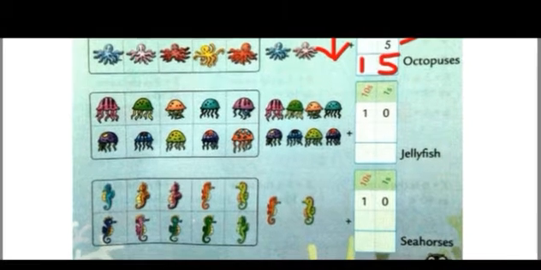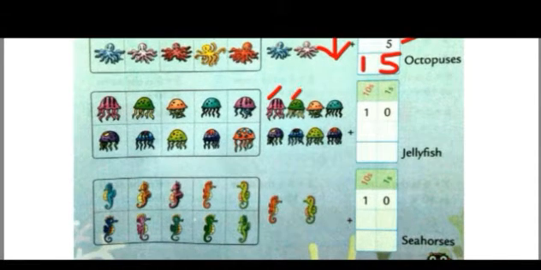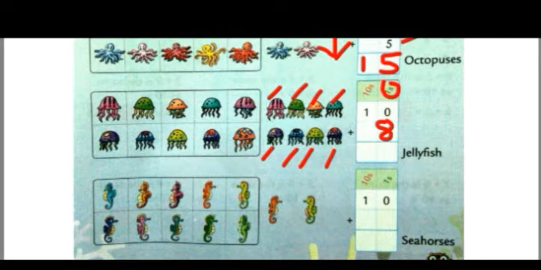Let's count together. 1, 2, 3, 4, 5, 6, 7, 8. Total 8 jellyfish are there. So 8 is a single digit number. So it will be written in the ones column only. This is the ones side and this is the tens column.